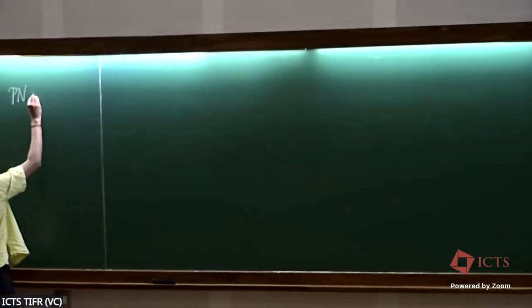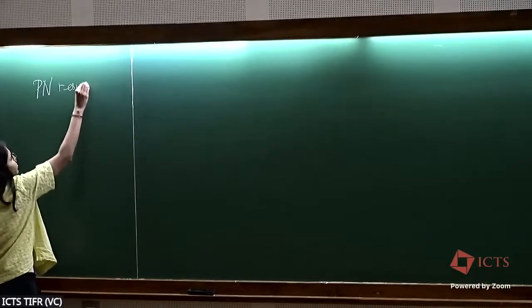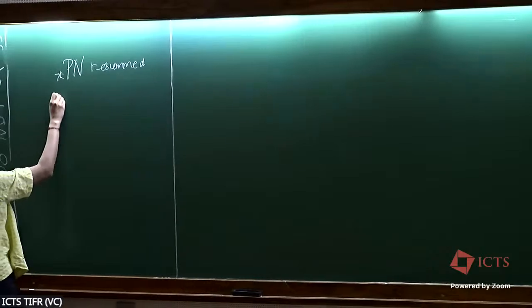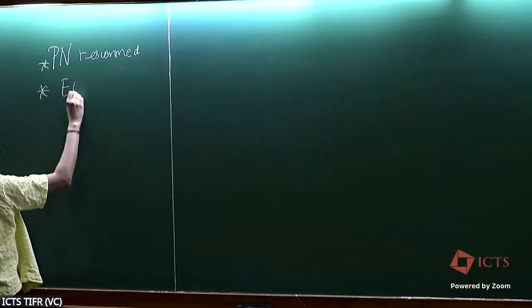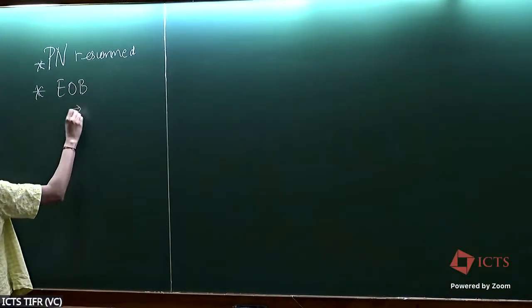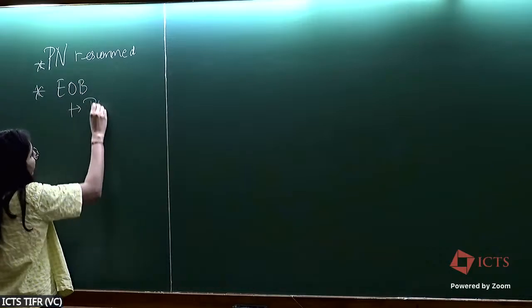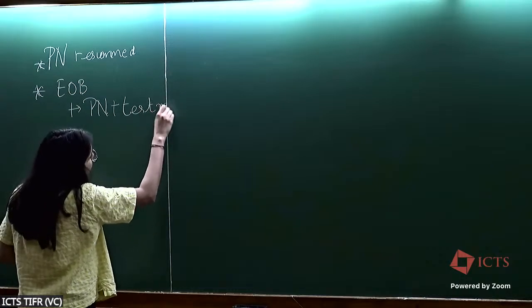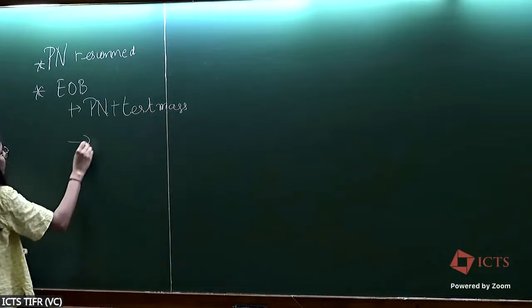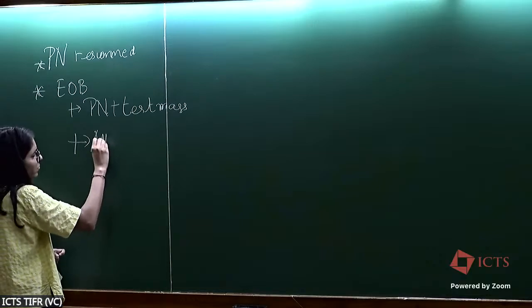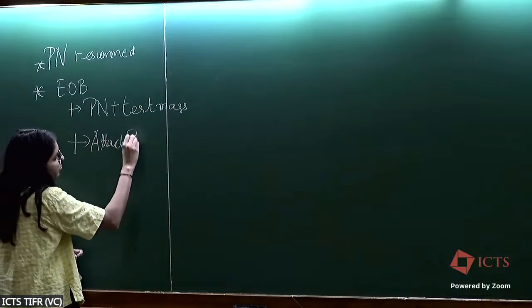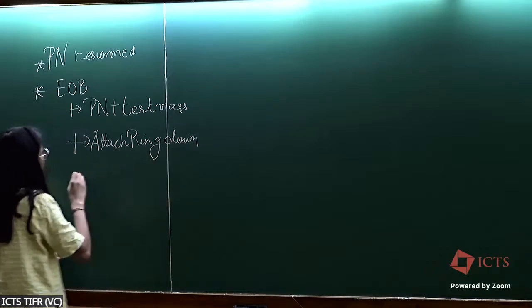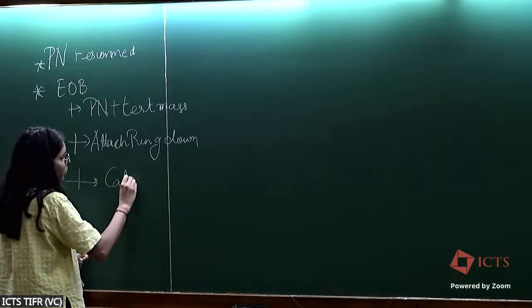So we said that PN has to be resummed. And then we motivated EOB, with the main idea of combining test mass results with the PN results, attaching the ringdown, and calibrating with numerical simulation.